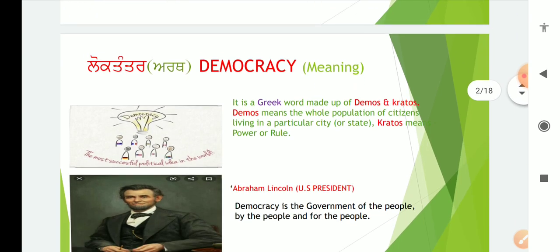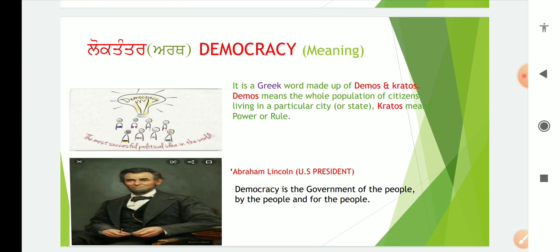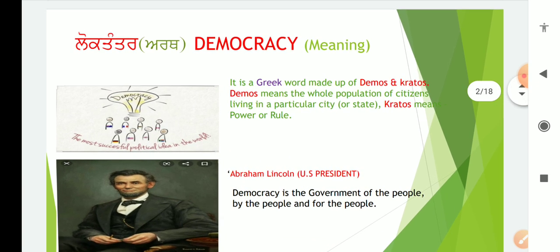What is democracy? First, we should understand what democracy is. The meaning of the word, then only will we be able to understand the problems and challenges, right? So democracy, in Punjabi we call it loktantra. Democracy itself is a formation of two Greek words, right?